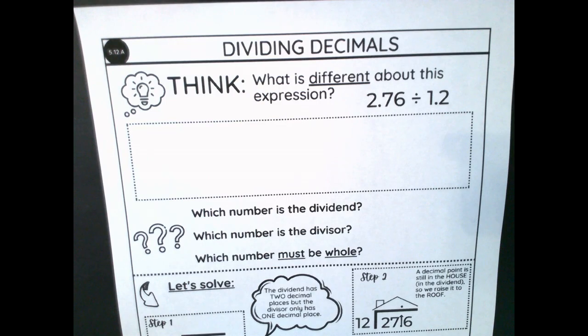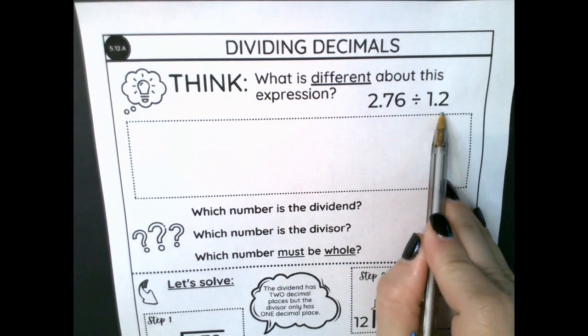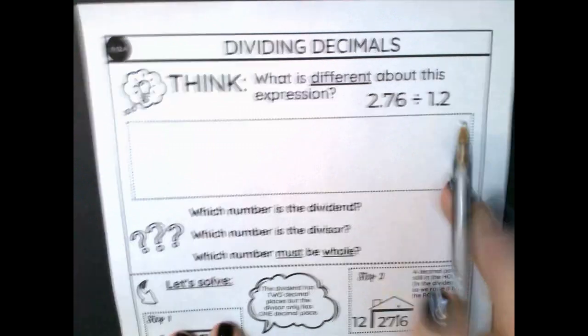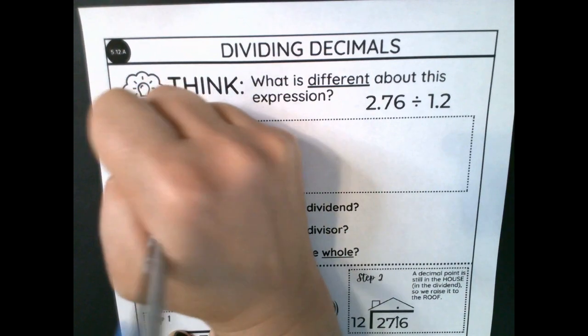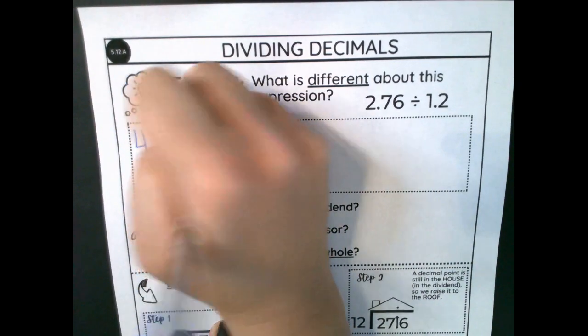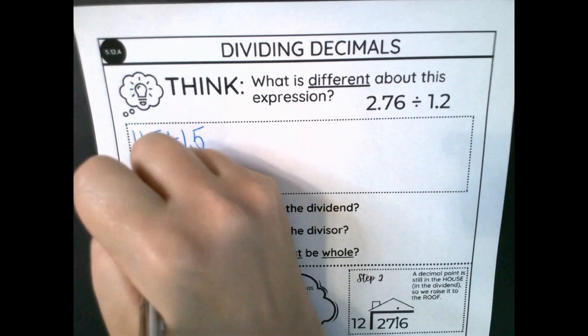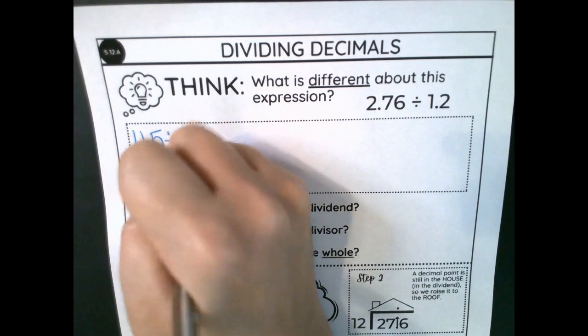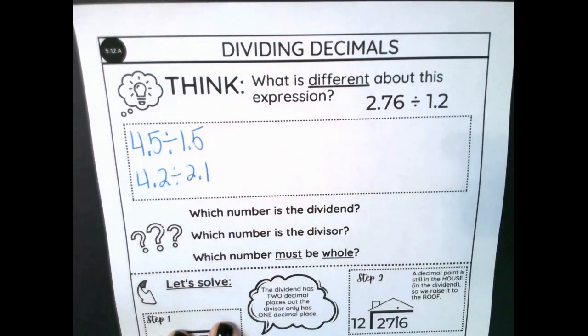Okay, welcome back. So, the difference in this expression and the ones that we've been looking at. For instance, we looked at 4 and 5 tenths divided by 1 and 5 tenths, and we also looked at 4 and 2 tenths divided by 2 and 1/10.